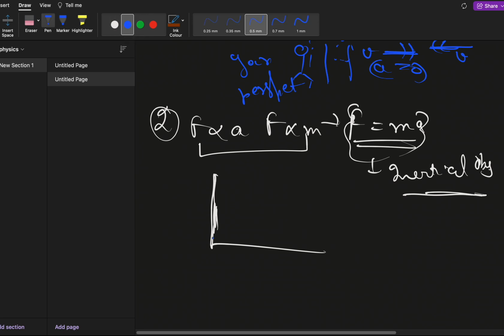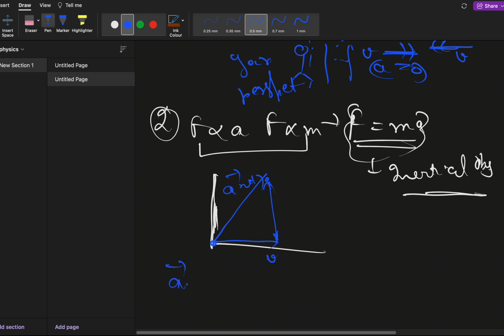What happens basically is that if this is an inertial observer and it sees something moving with this velocity, and this observer also sees something here, then we can find a net, by vector addition.